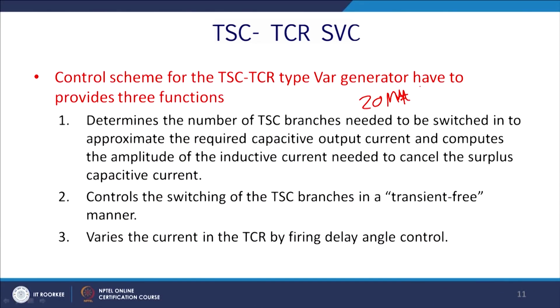From there we have to design the size of the module, that is, what should be one branch's capacity of compensation. Let us say we consider all the thyristor ratings, transients, all those considerations, and if we find that 2 MVA will be suitable.